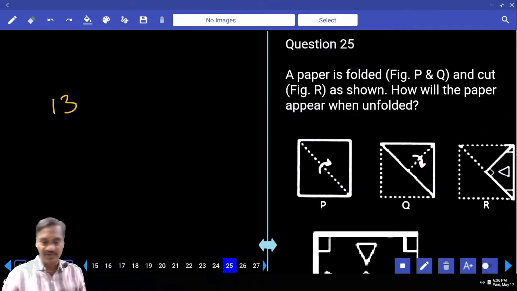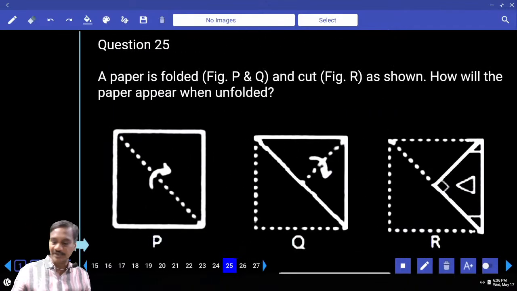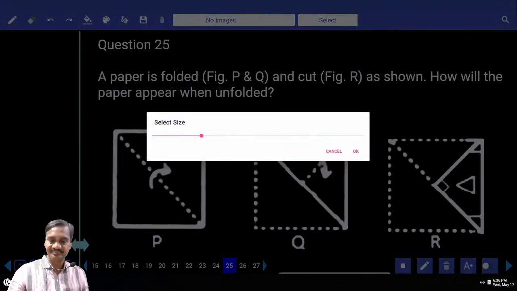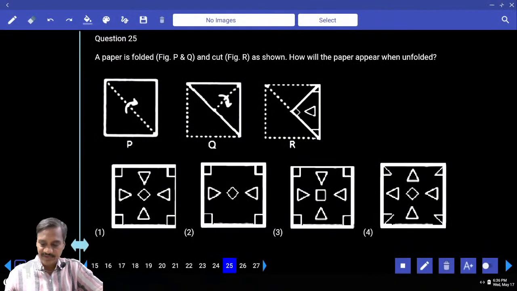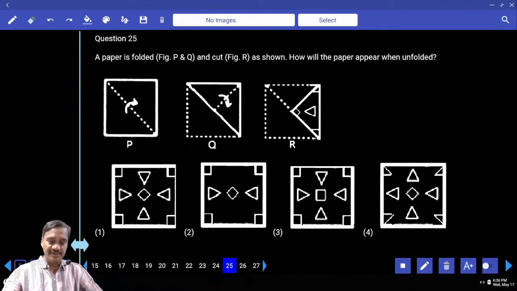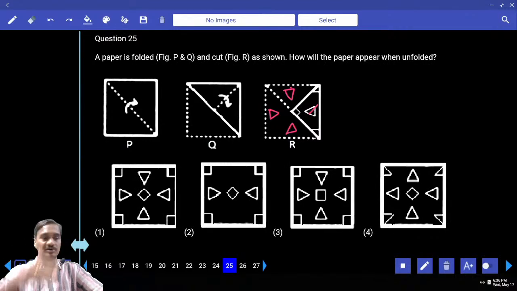Then coming to 25. Now in this question number 25, a paper is folded. Now in this one from here to here when it is open, how should it look once opened? Now this triangle must be in this order. On all four sides it must be opened along the diagonal.